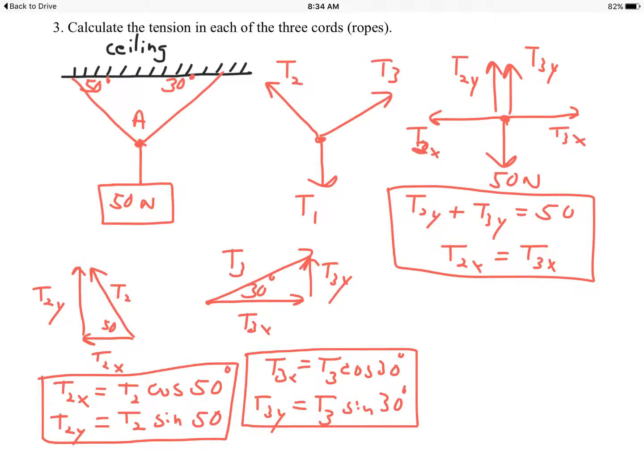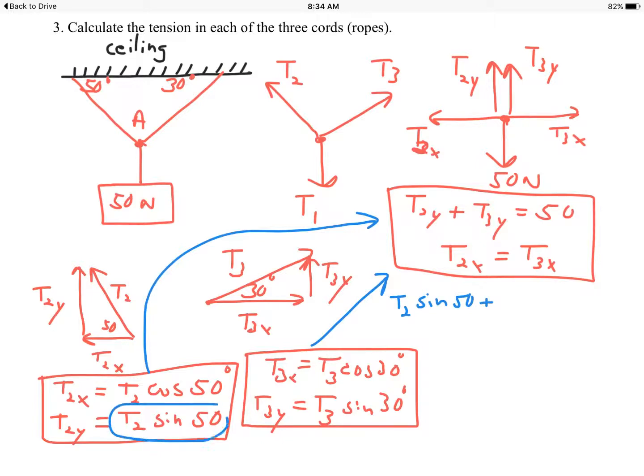Massive, massive substitution. So what I'm going to do is take these quantities and plug them in there, and these quantities and plug them in there, and get what are going to look like beastly equations. For example, the top equation, T2y plus T3y equals 50, becomes T2 sine 50 plus, and I got that from right down here.